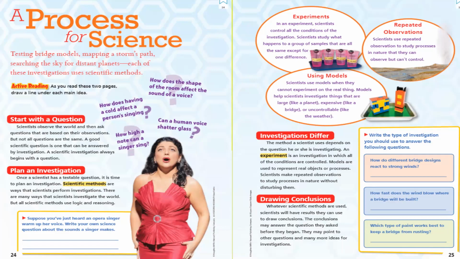They all look the same, and you can use the scientific methods all together, or you can use some of it and not all of it. But believe me, all of them are the same. Now, as you read these 2 pages, I want you to draw or underline the main idea. Find the main idea about these 2 pages while we are reading.